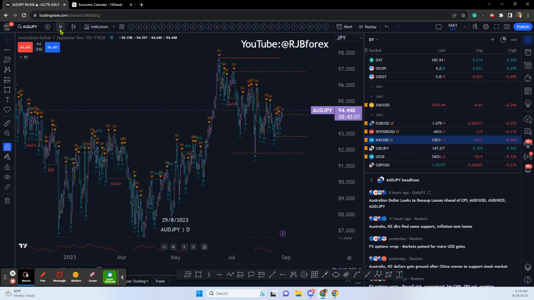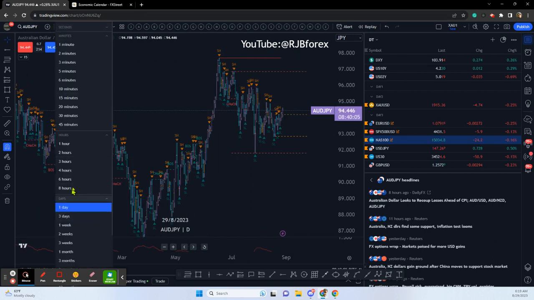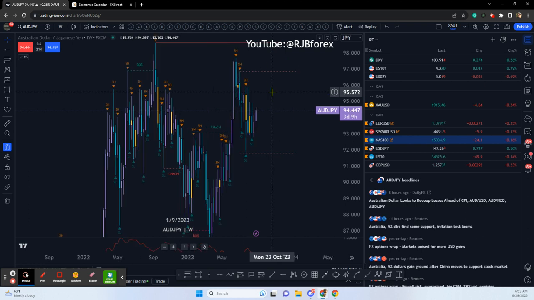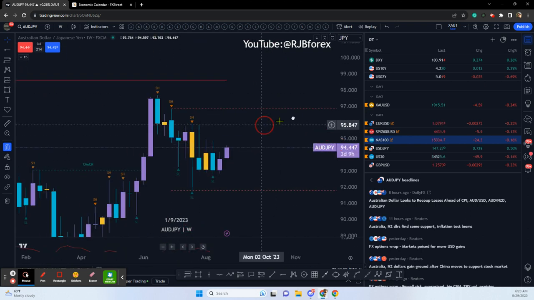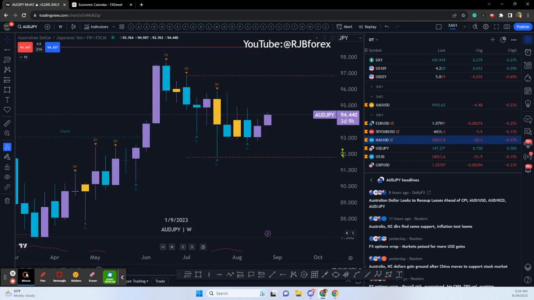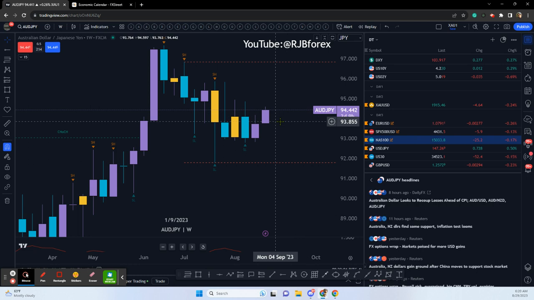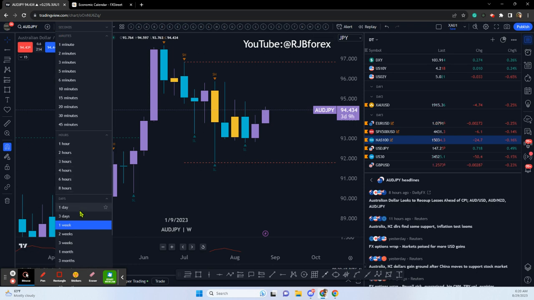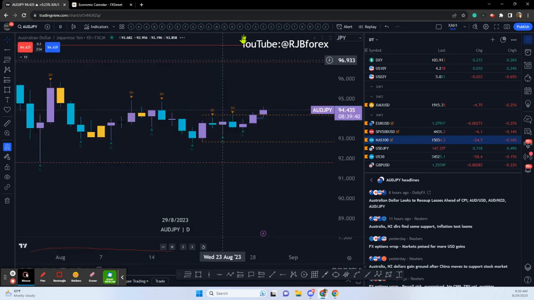Right, so Aussie yen, despite prospects of a sell-off in stocks at the moment, is trying to firm. So maybe it's pumping up before the dump. Mind you, that's the weekly chart. Bear with me.